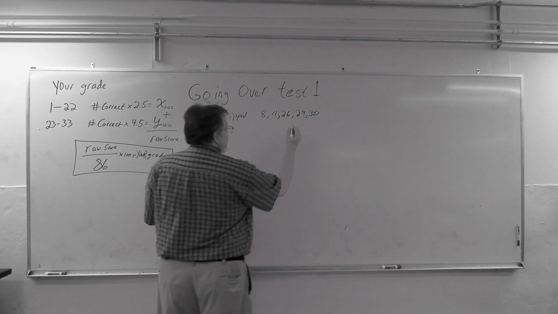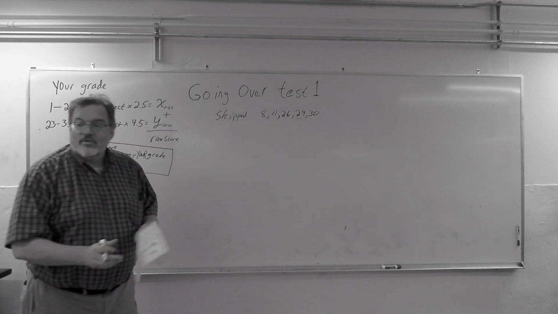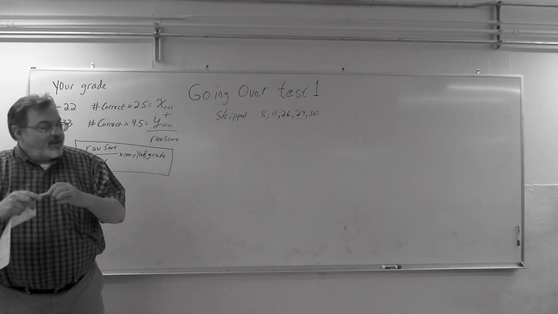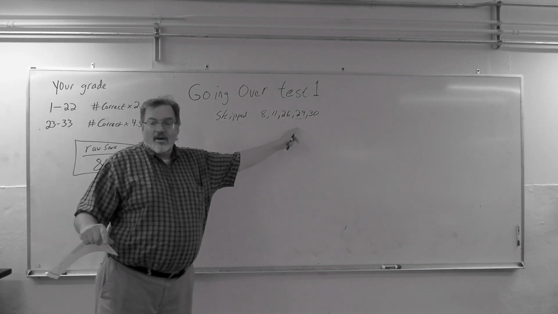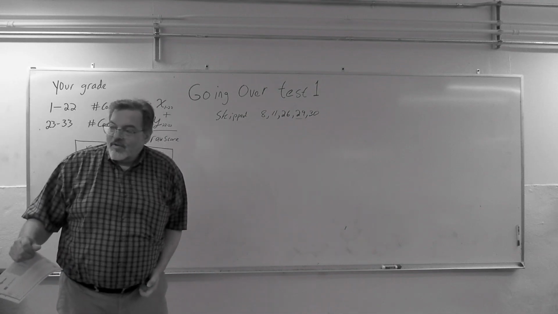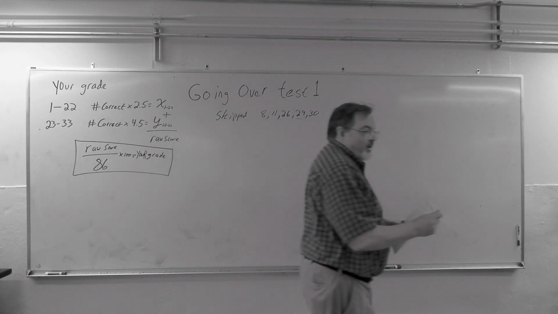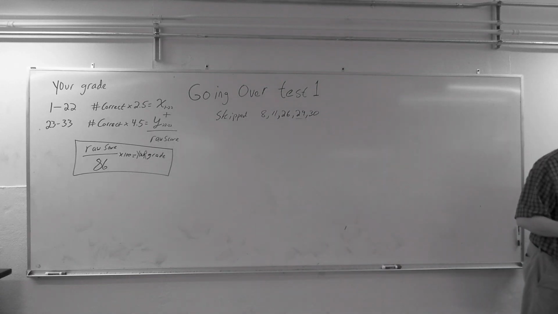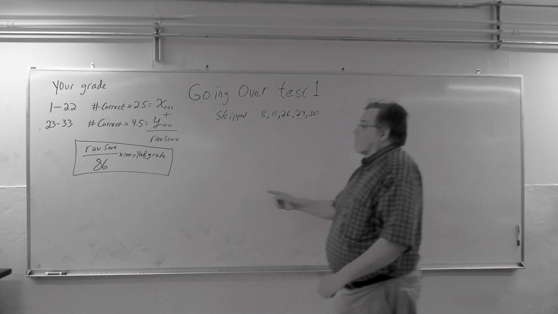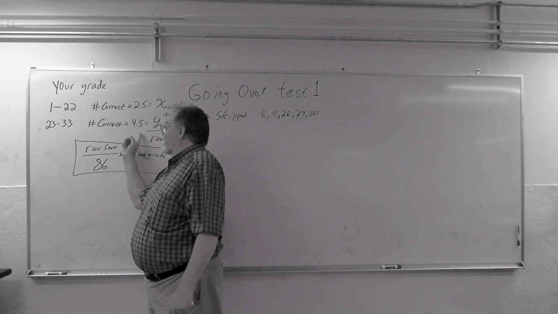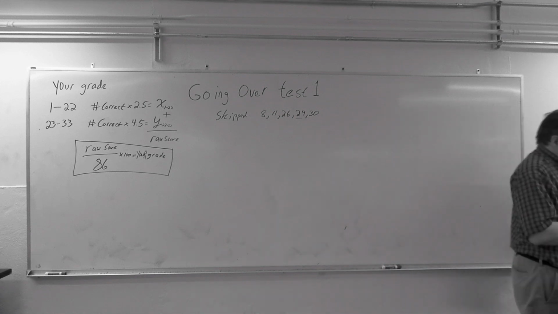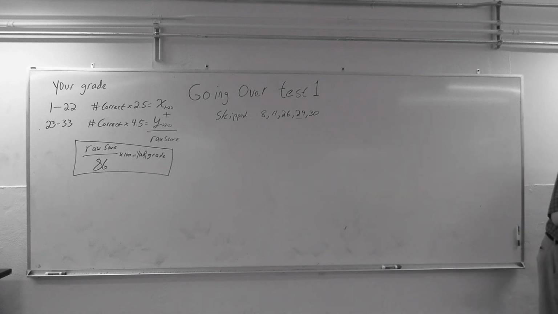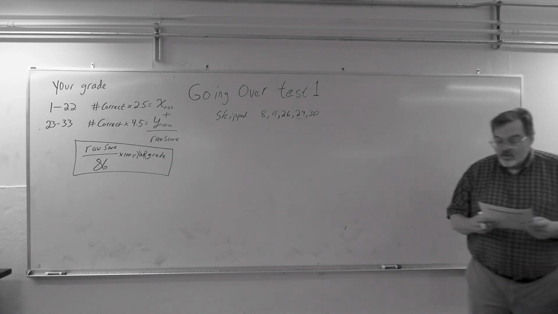I just skipped 29. That's the one everybody figured out during the test that I did wrong. If I curve it from where it is now, I'll just give everybody credit for 29 because I know a lot of y'all figured that one out, even though I didn't get credit for it. But just tally this up, 1 through 22 as we go, and tally up this as we double check it. And that should be what you graded. But if it's not, I'll fix it.